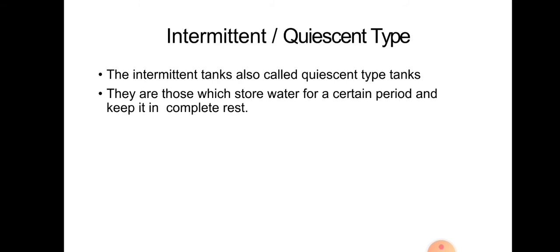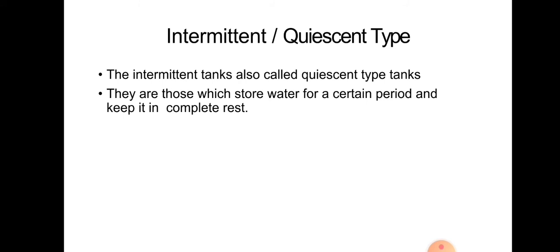And after this, the tank will be cleaned. Whatever particles that are settled at the bottom will be removed, and again we will fill the tank with water. Unlike the other methods, in this case the cleaning of the tank might take a couple of hours, say 6 to 12 hours will be needed for cleaning the tank.